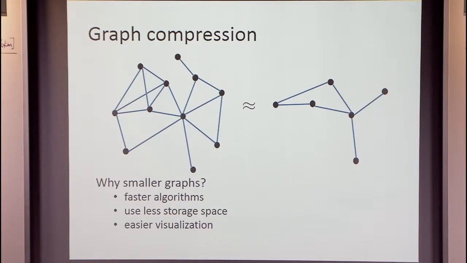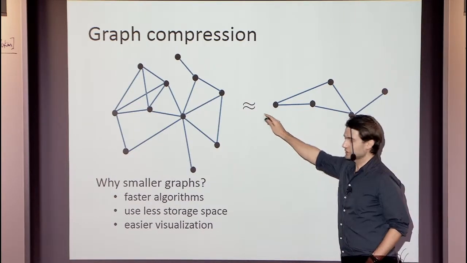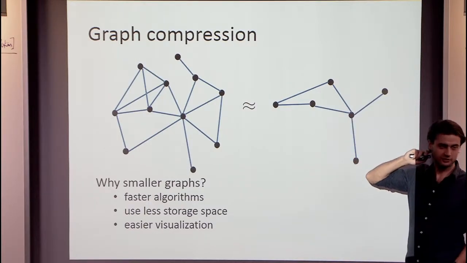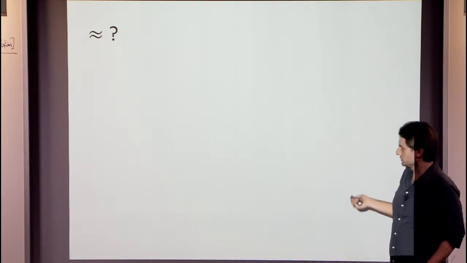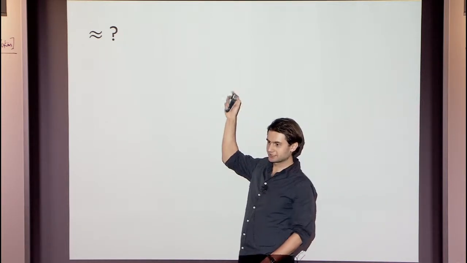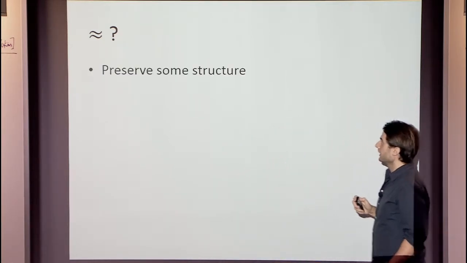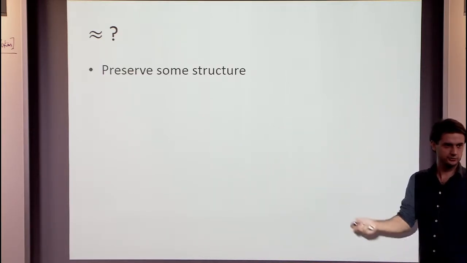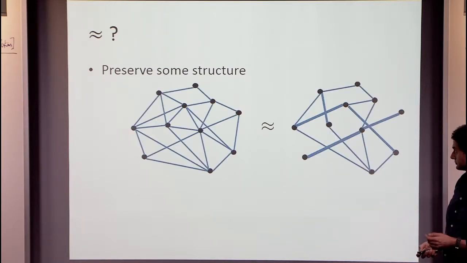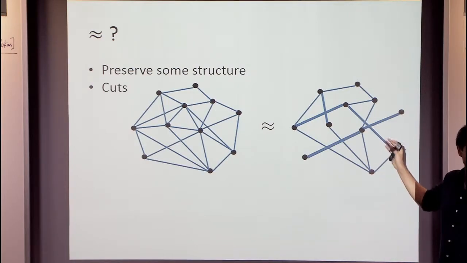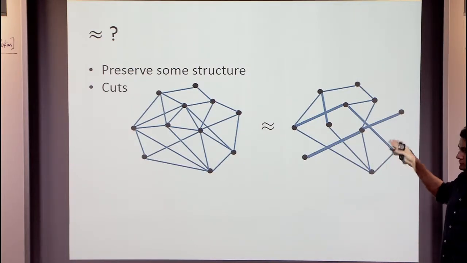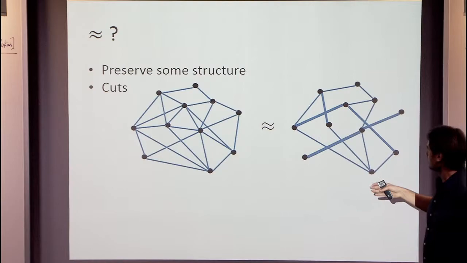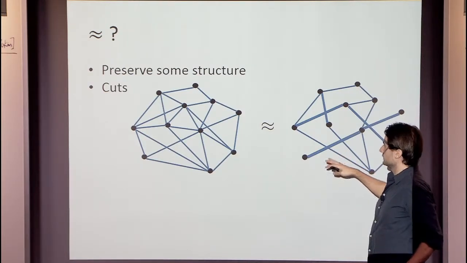Okay, and of course, I put a squiggly here saying that it roughly approximates, and the main question is what do we mean exactly by approximates? In general, you think about this as preserving some kind of structure. For example, one particular structure that we will be talking about here, and that runs as a theme in our talks, is to preserve the structure of the cuts.